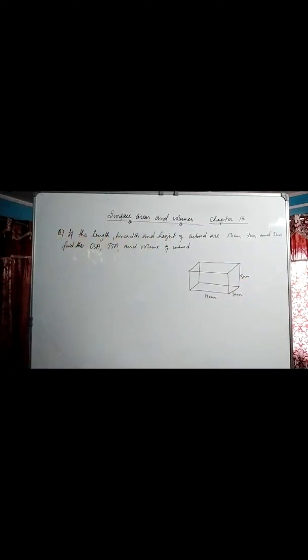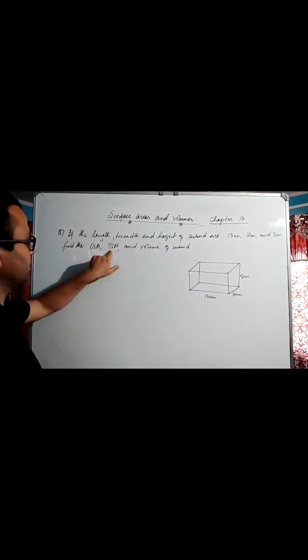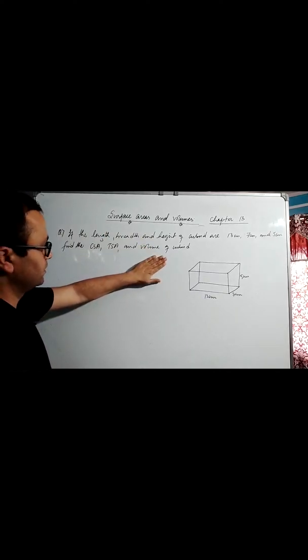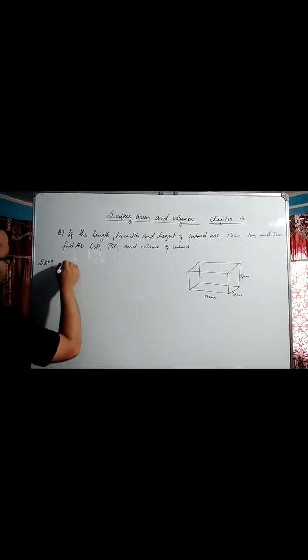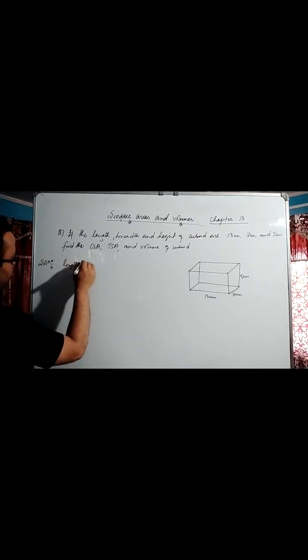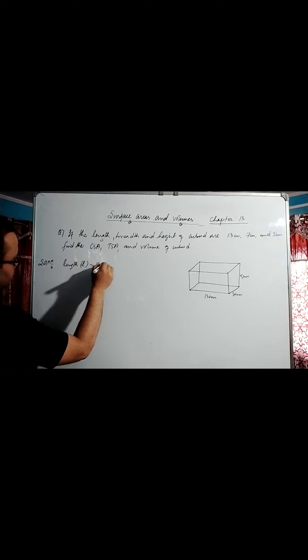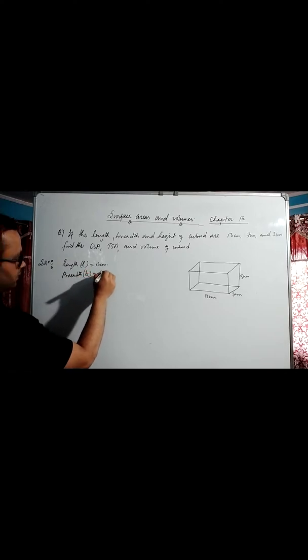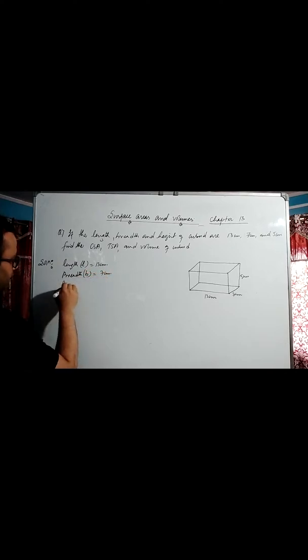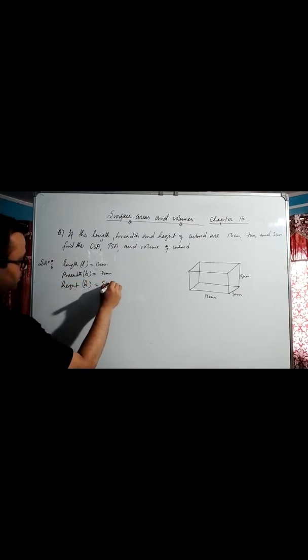Now we have to calculate the CSA, TSA, and volume of the cuboid. In the solution, first we write the given information. Length L equals 13 centimeter, breadth B equals 7 centimeter, height H equals 5 centimeter.